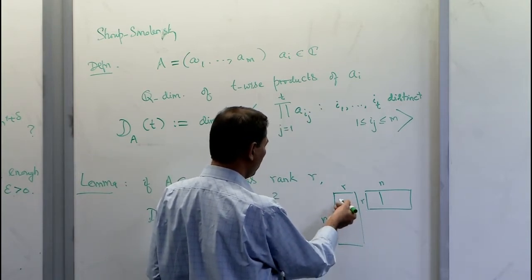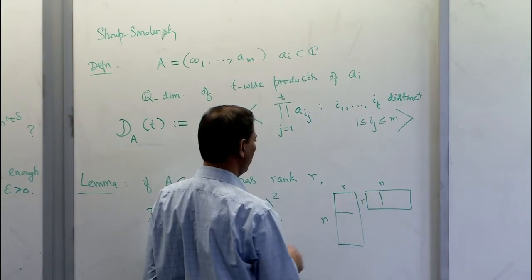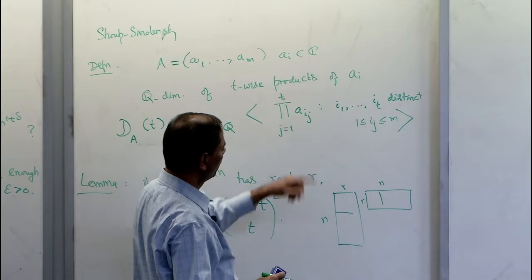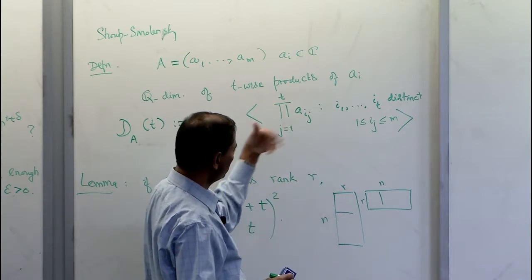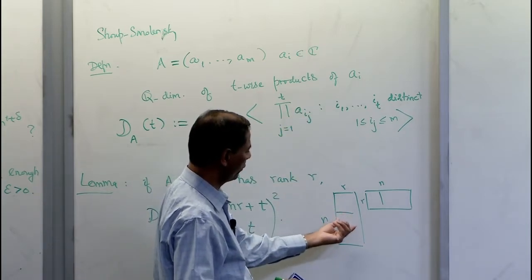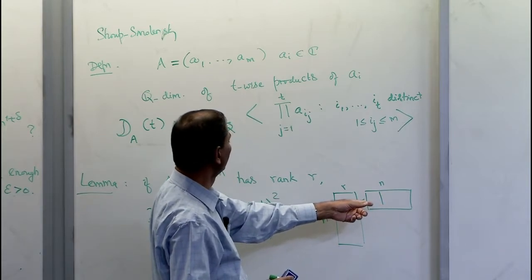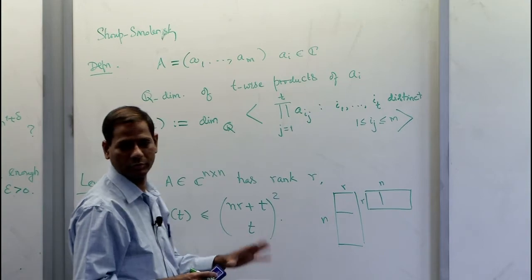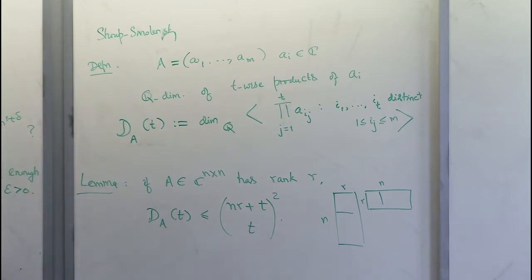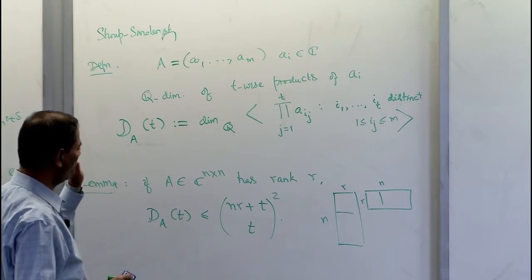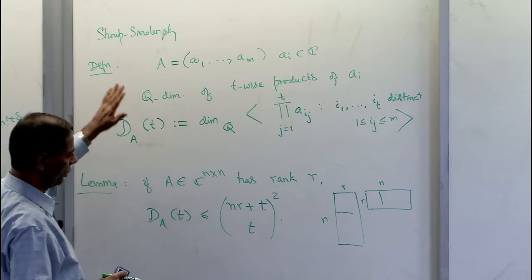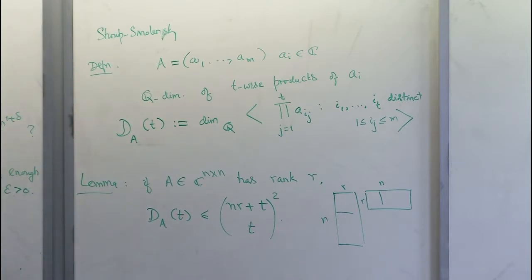There are only nR such variables in each, so if you write these tuples as linear combinations of tuples from these two matrices, you get the bound. It's a very simple counting argument. So low rank matrices have a small Shoup-Smolensky dimension, that's the main point.